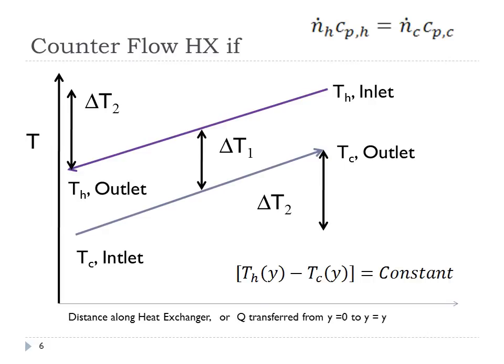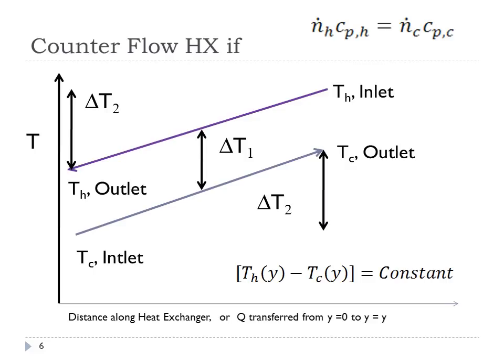Just so we can build some intuition, we're going to solve for the exergy destruction in a heat exchanger under one simple case, to help build some intuition on how the exergy destruction depends on some of the variables. We're going to solve this under a particular case in which the flow rate on the hot side multiplied by the C sub P on the hot side is equal to the flow rate on the cold side multiplied by the C sub P on the cold side.